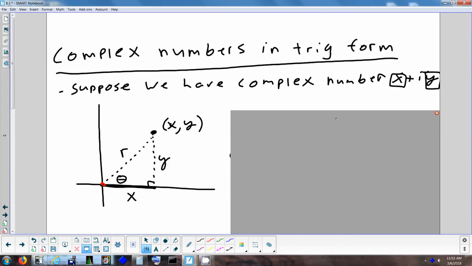We have two things in trig form: an R and a theta. So the last thing we're going to do is turn X and Y into R and theta. I'm going to show you how. So, using theta, let's do X first.